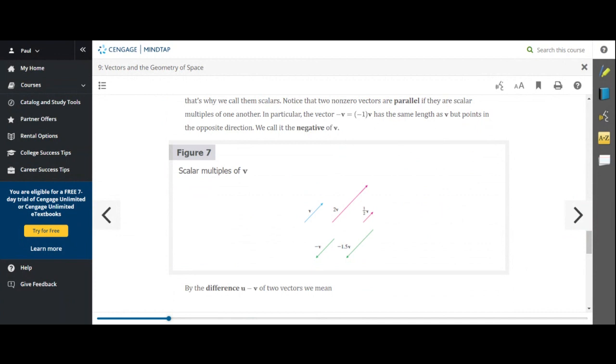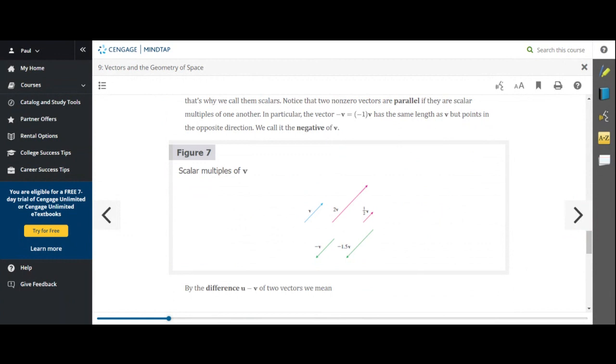Twice as long. Oh, twice as long. Okay, that makes sense. That's right, Emma. And that's right, Mario. And what about the half v? If they compare the half v vector to the vector v, the half v vector looks like it's blank as long. It looks like it's half as long. Okay, very good.